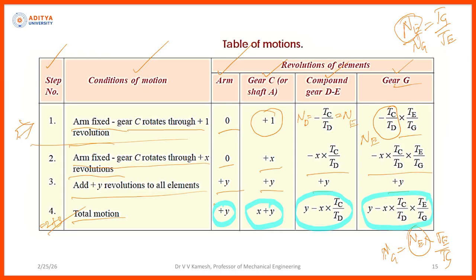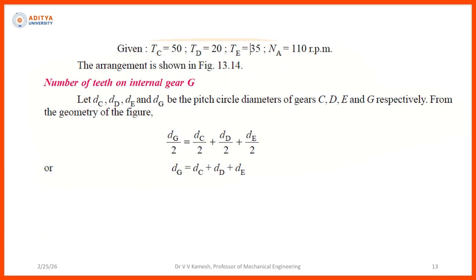Now, you need to go back. What data are given? TC, TD, TE, TG, the number of teeth for all the gears is given, and you find that TG is equal to 105, right? Now, I need to find what is Y, what is X, right? What data is given?